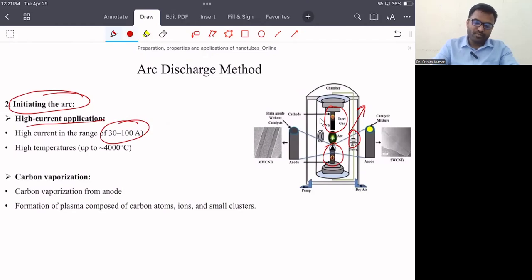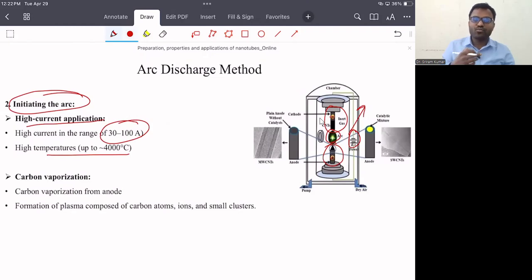Because of this very high current, plasma is generated, and the temperature of that plasma can increase up to 4000 degrees Celsius.